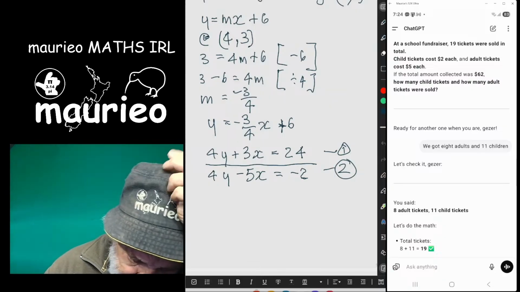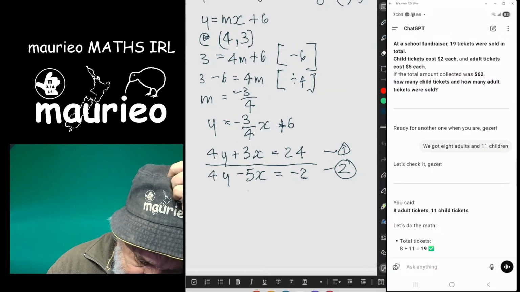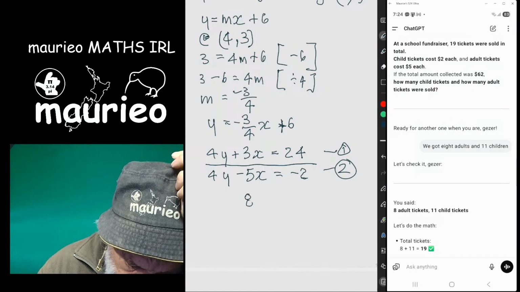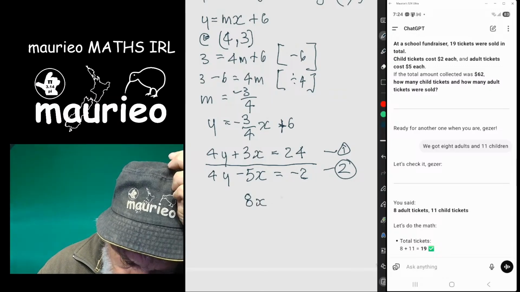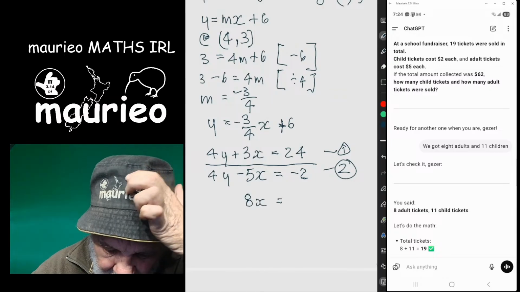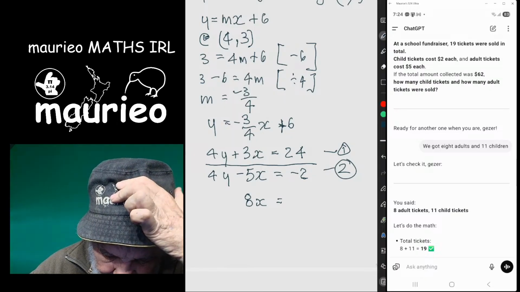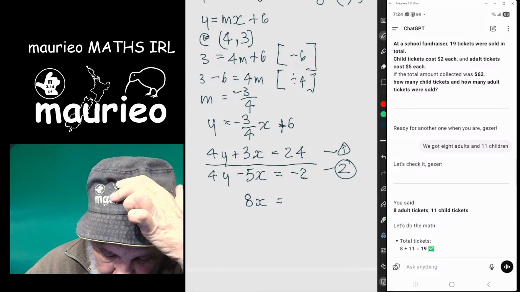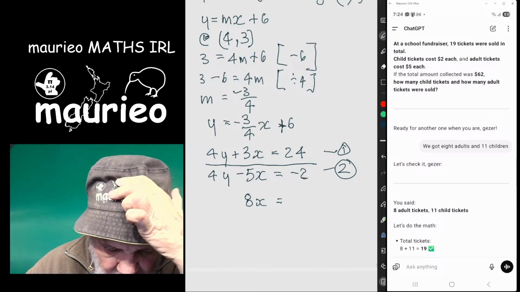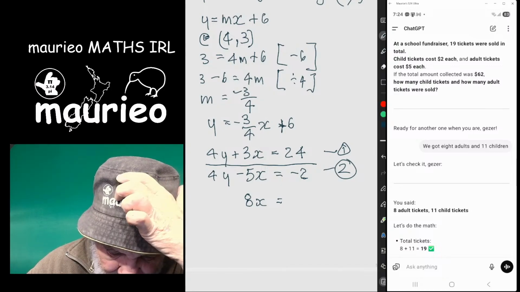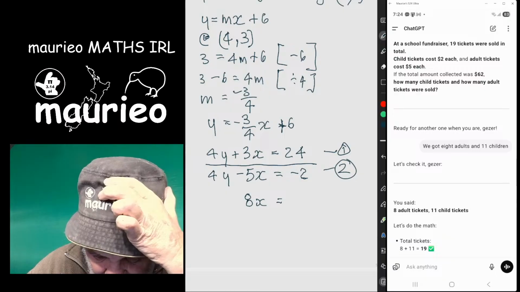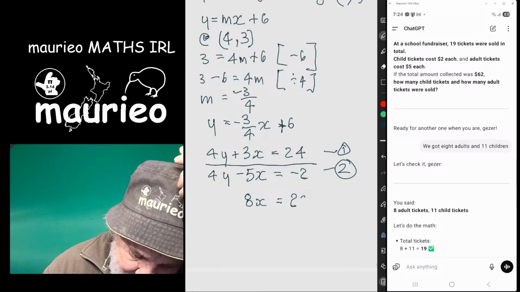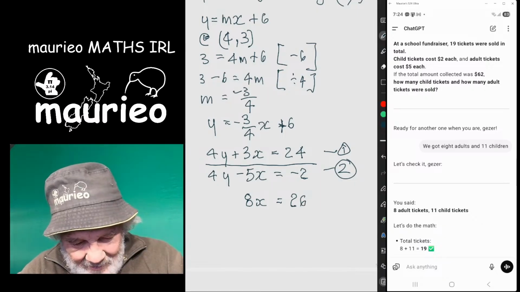Okay, so that's 8x equals 24 minus -2 equals 26. So I've got something wrong here.